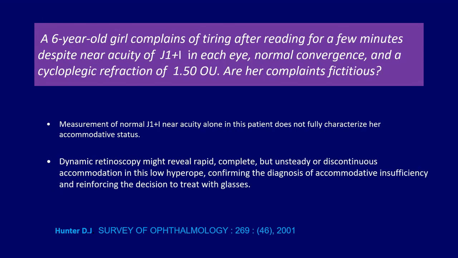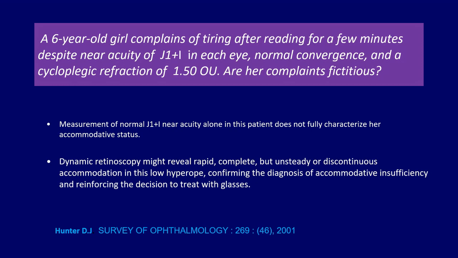A second example: a 6-year-old girl complains of tiring after reading for a few minutes despite near acuity of J1+ in each eye, normal convergence, and cycloplegic refraction of +1.50 in both eyes. Are her complaints fictitious?